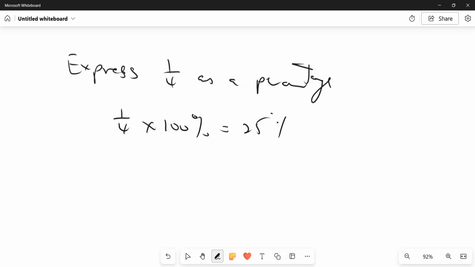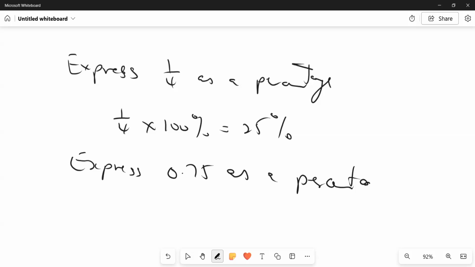You should get 25%. If you have a decimal, express 0.75 as a percentage. You just put 0.75 times 100%, and you get 75%.